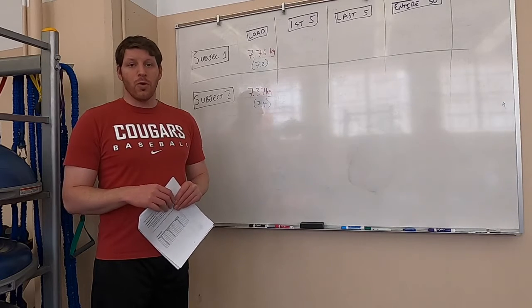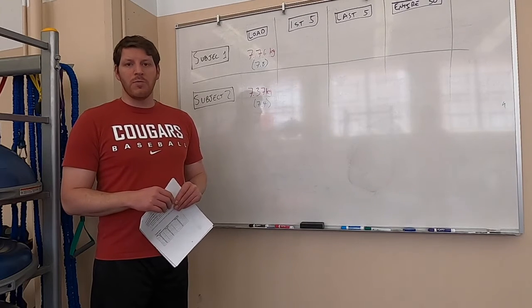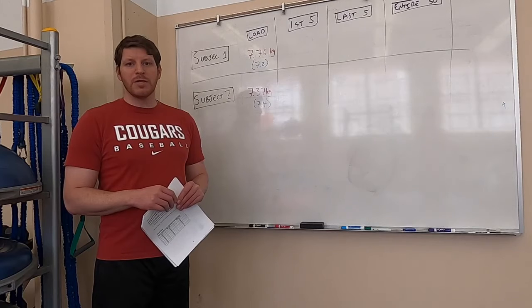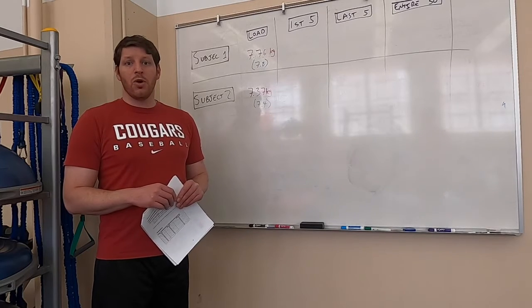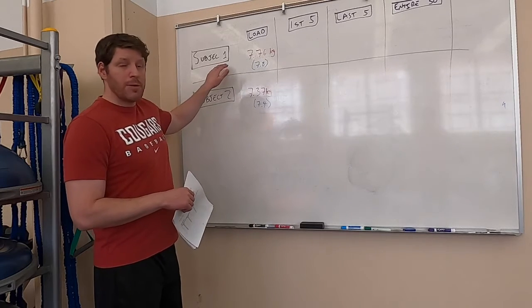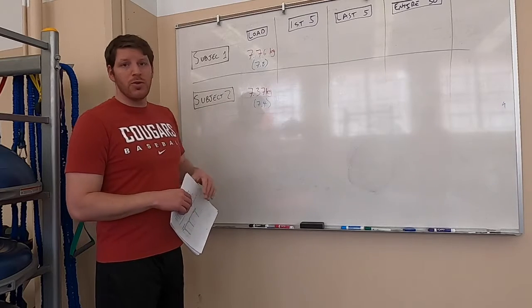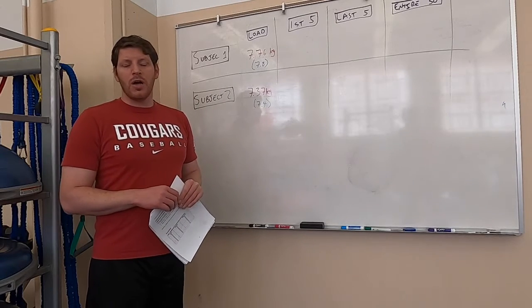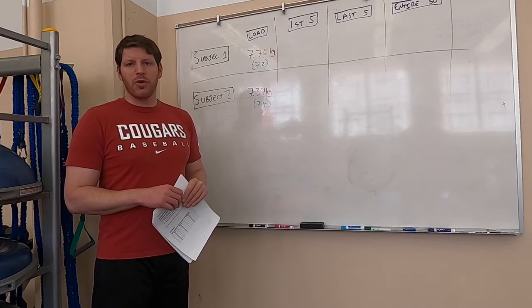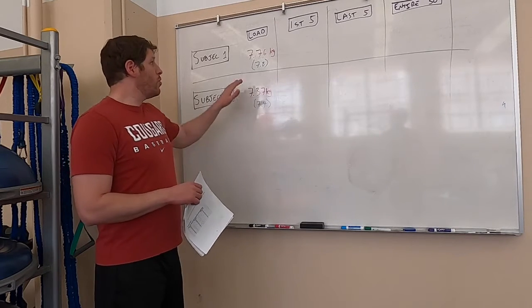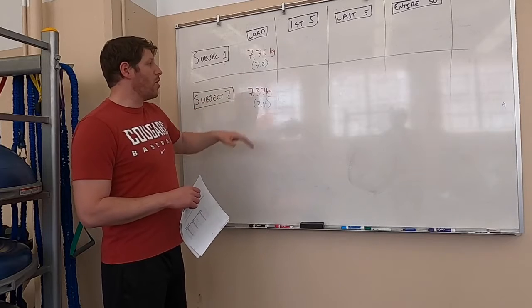The load or resistance is calculated based on what the person's body mass is. And so Cole and I, Cole being subject 1 and I being subject 2, as you can see here, will both participate in the Wingate protocol today. And we have calculated our load, as you can see here, based on our mass.